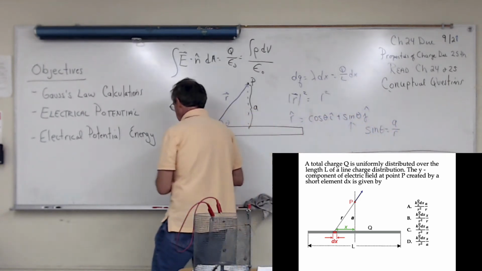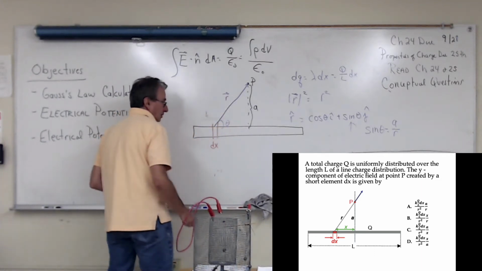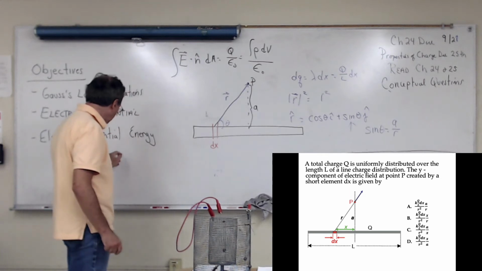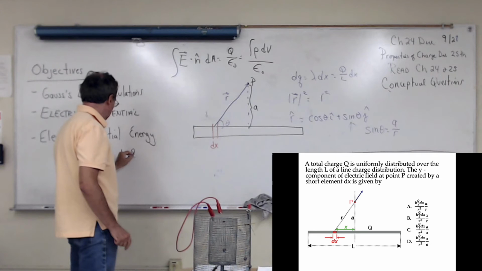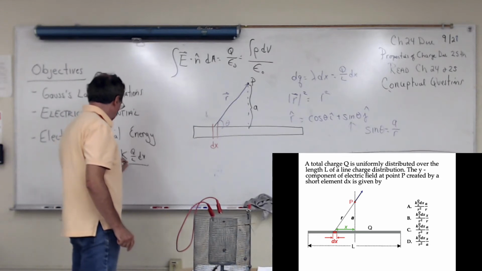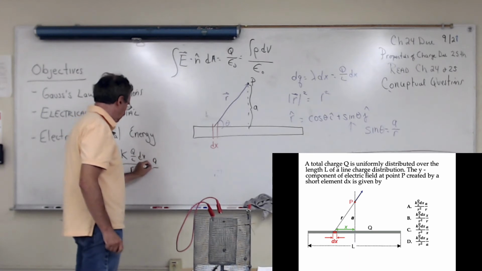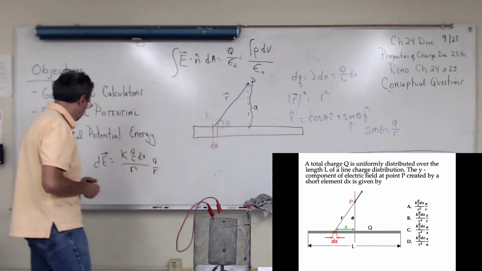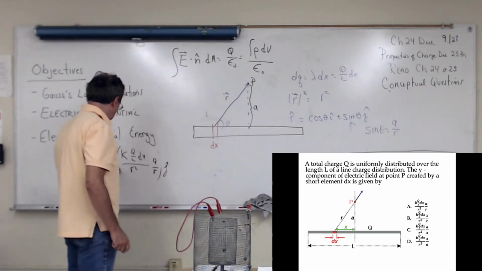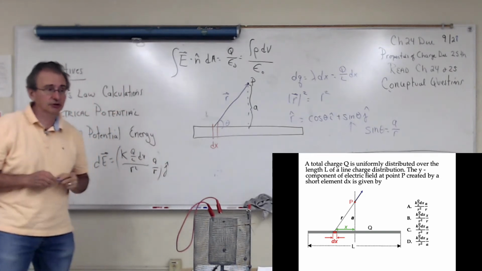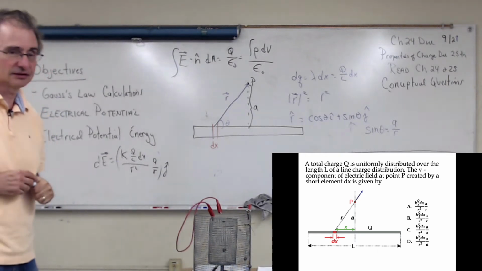So then dE, at least the y component, because that's what it's asking for, is going to be k dq, dq is Q over L dx, over r squared times the sine of theta. So that's the answer. And so that one was A.